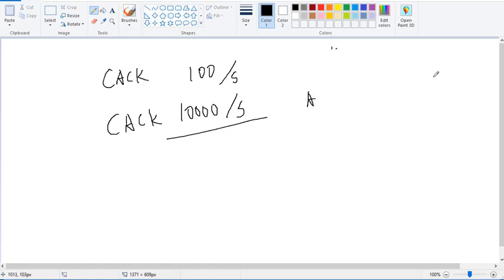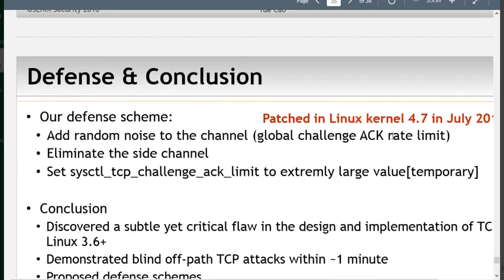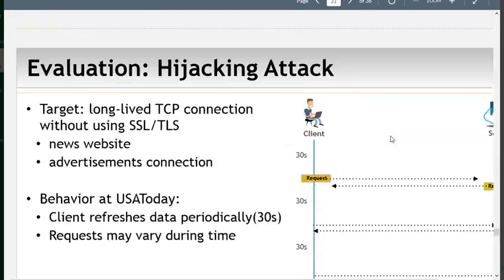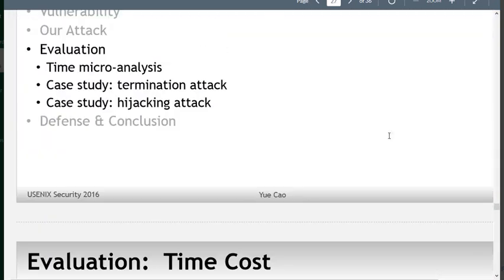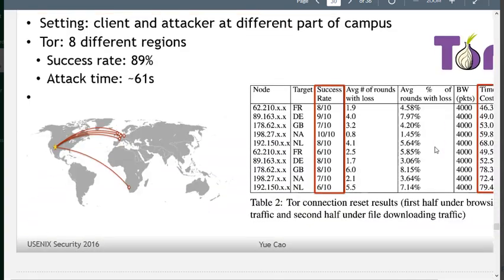So let's redraw the figure. Now the server can send out 10K challenge ACKs per second. Remember, just now we showed the attack speed. The bad guy will probably be able to launch the attack as fast as 6,000 packets per second. It is still far from 10,000. So what is the problem now?